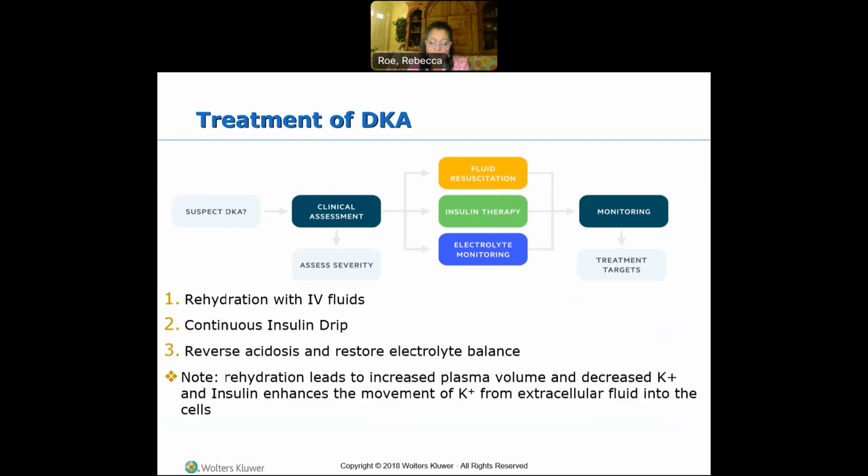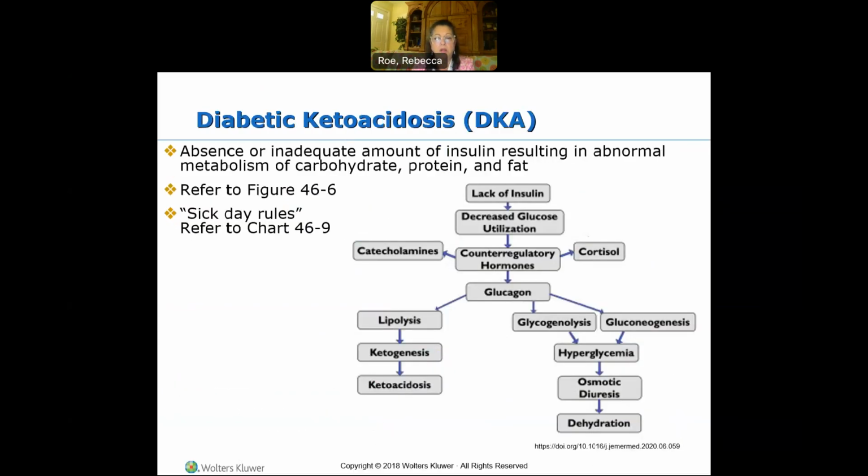Giving that fluid increases the intravascular volume. It reduces insulin resistance by decreasing the counter-regulatory hormones. We talked about those, right? Cortisol, your growth hormone. You got another hormone. What was it? Catecholamines, cortisol, glucagon.